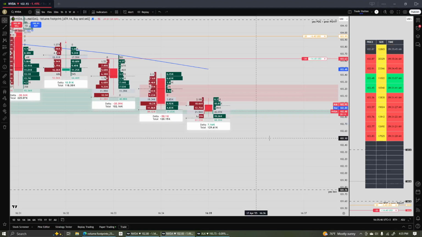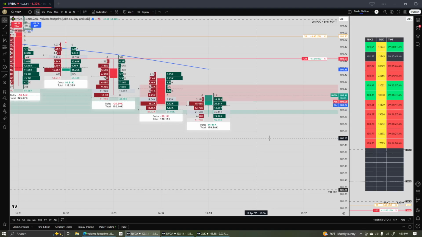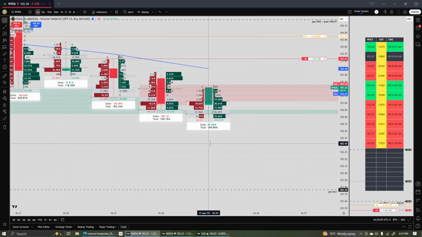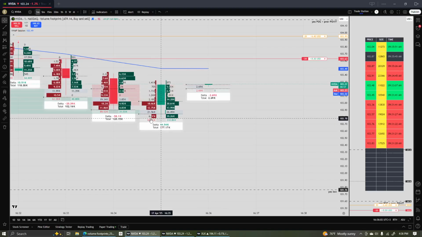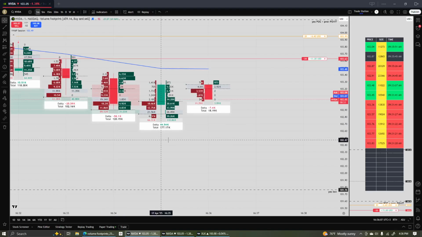Hmm. I am seeing green delta in an area where I was supposed to see buying. This is a buyer zone, so I'm not too surprised, or not too impressed by any chance.